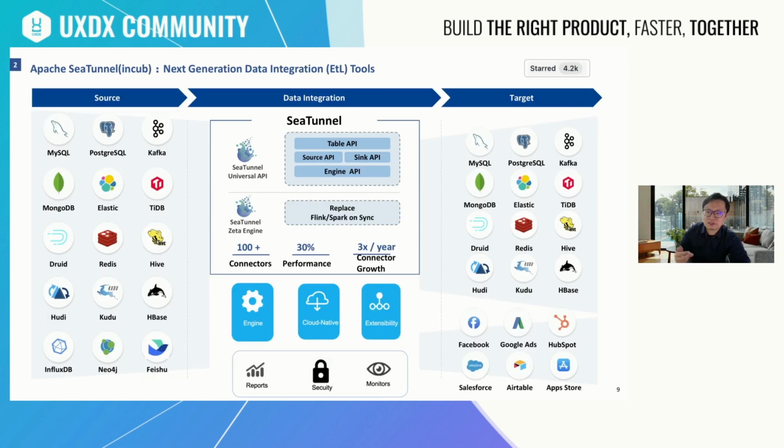So SeaTunnel is very easy to use. You can extract the data from different data sources, and then load them into different data targets, and the performance is very good.